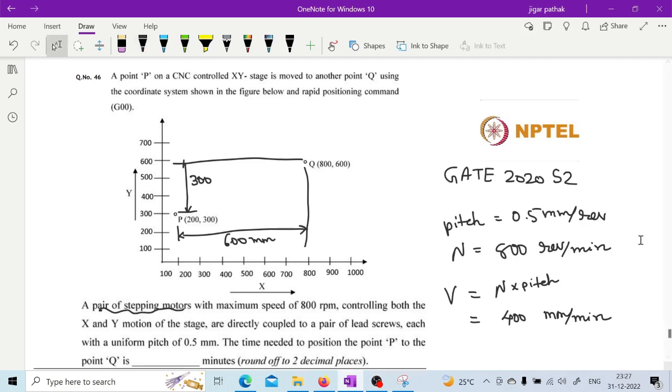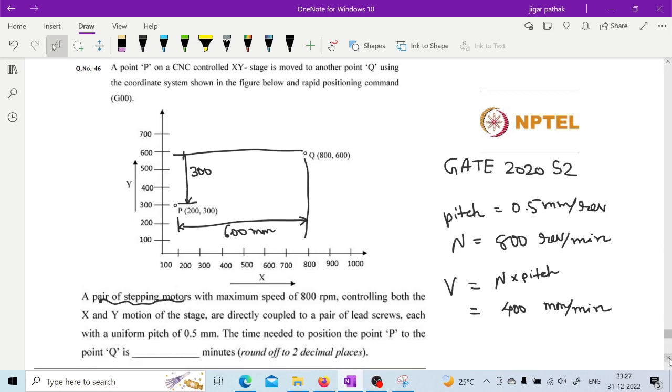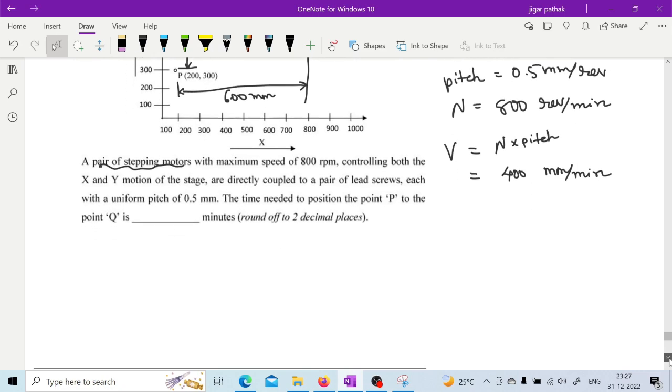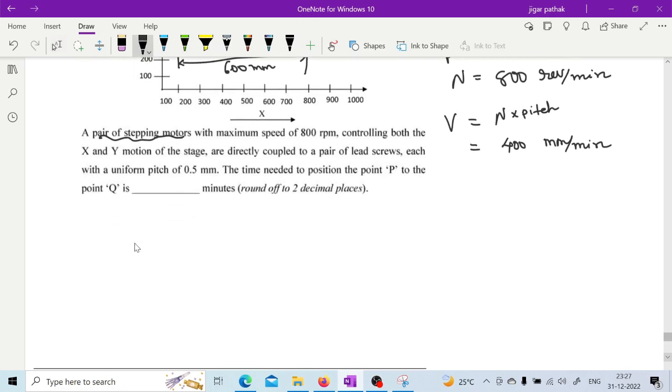So if we calculate the time along x and time along y, then we have speed with us, right? Speed is 400 mm per minute. So the time along x is given by the distance in x divided by this speed, right?